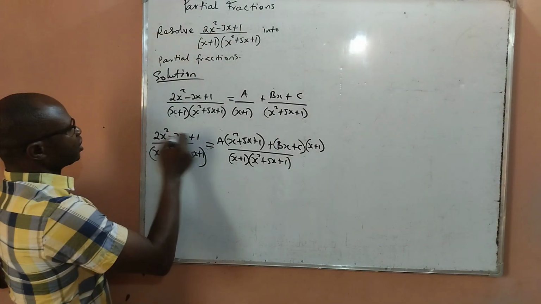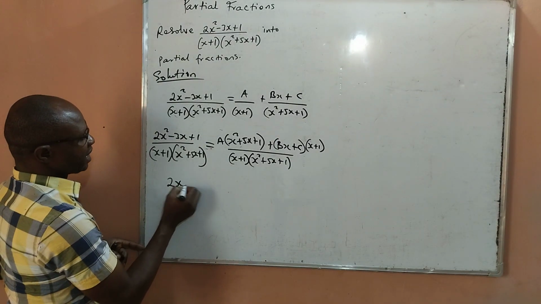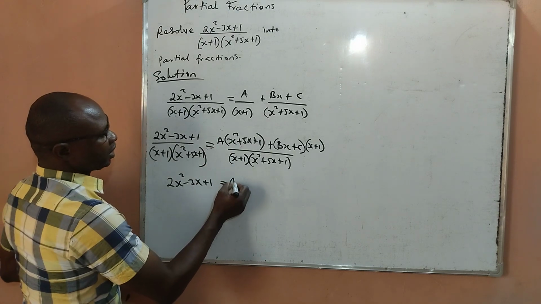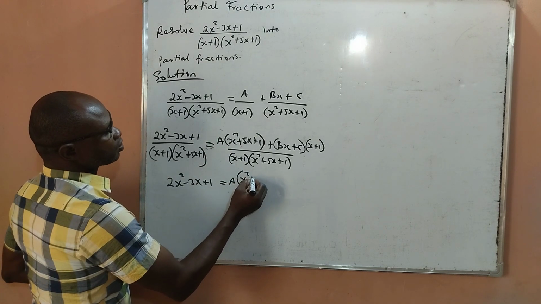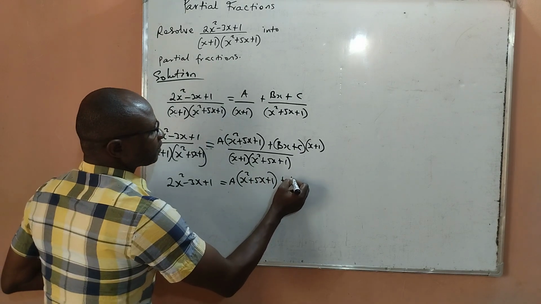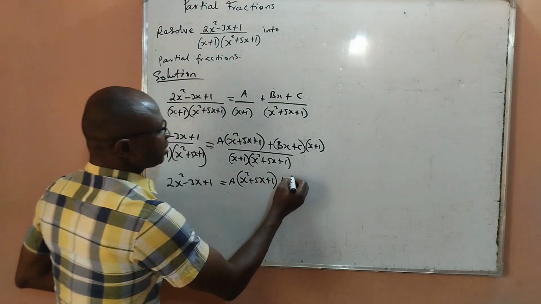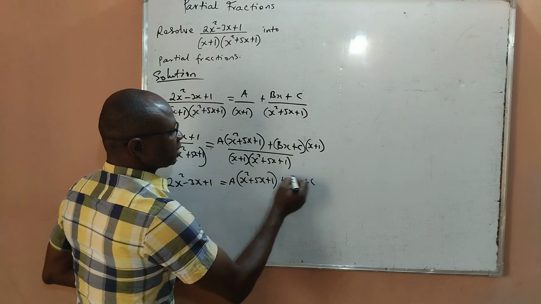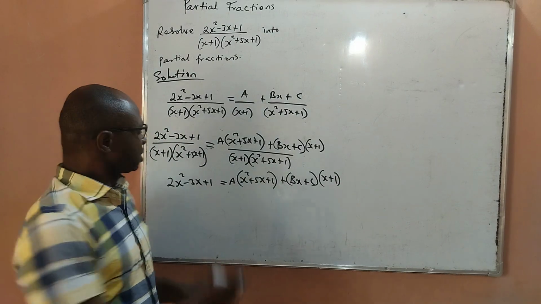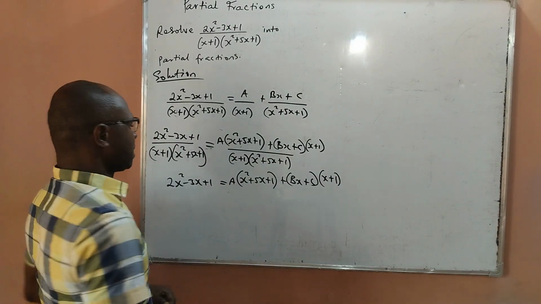Therefore, we can write the numerator, which is 2x squared minus 3x plus 1, is equal to A into x squared plus 5x plus 1, plus then Bx plus C multiplying x plus 1. Now these two are equal.